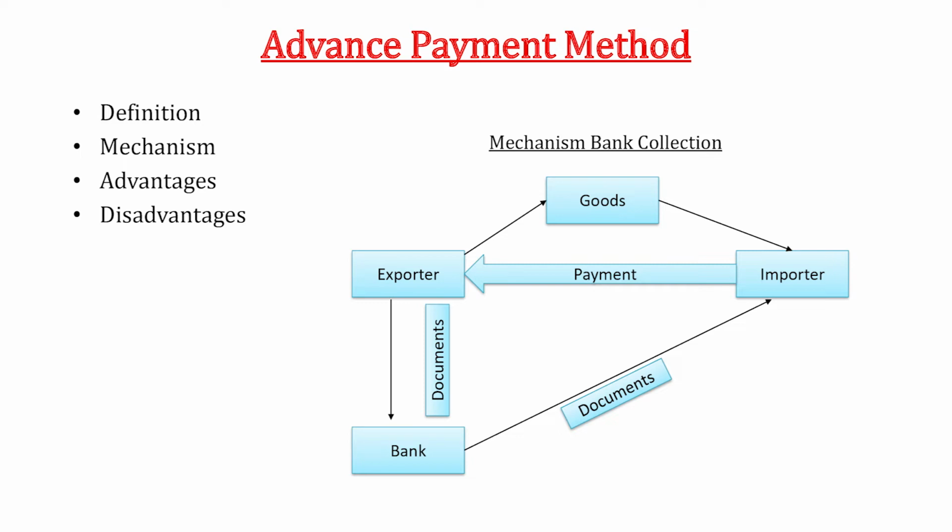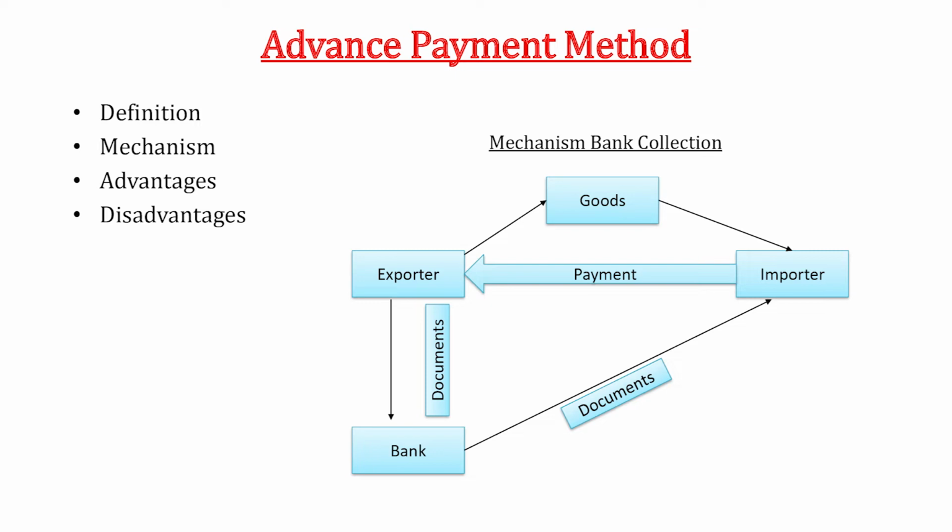There is no risk involved when the exporter gets advance payment from the foreign buyer, but by giving advance payment to the exporter, the importer is taking a very high risk. And friends, you can negotiate with the exporter for advance payment of 10%, 20%, 50%, 100%.